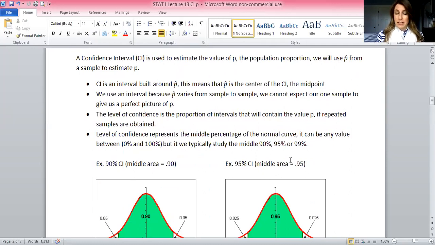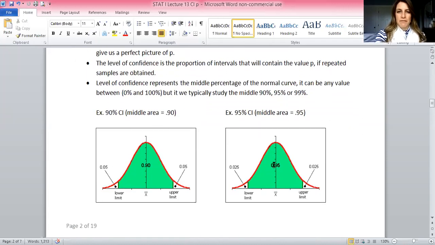Since each P hat would be different, we're using an interval to estimate P, my population proportion. I'm going to say P is between 2 numbers, a lower bound and an upper bound, and we're going to find out how to calculate that in a little bit.